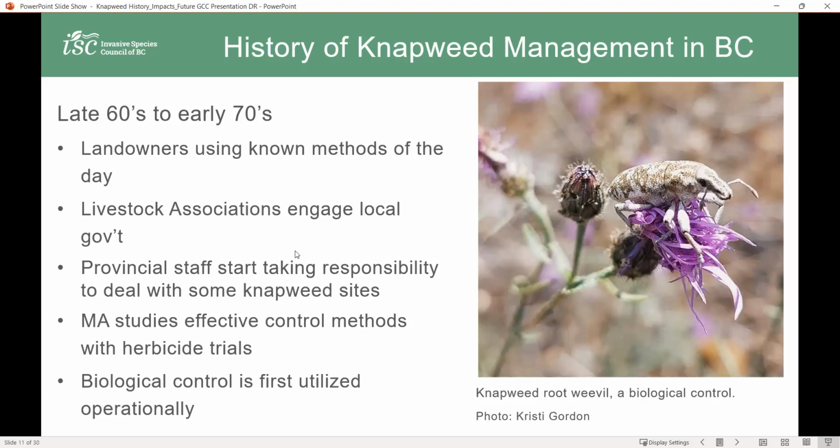Biological control of knapweed was starting to get underway in the 70s. The research scientists, the entomologists, were busy scouring Europe and Asia for naturalized biological control agents, both insects and pathogens, that were keeping knapweed in check in their native homeland, typically around Eurasia.